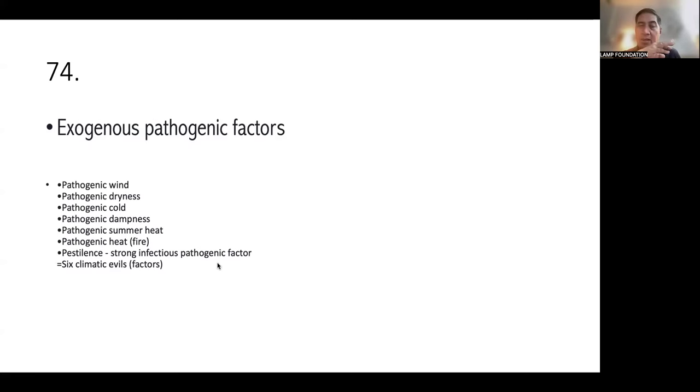Yung minention natin kanina, no? Yung anim. Yeah. And of course, yung minention mo rin kanina, yung pestilence ang tawag niyan. The strong infectious pathogenic factor. We're done with wind, dryness, cold, dampness, summer heat, and heat. Fire. Yes.